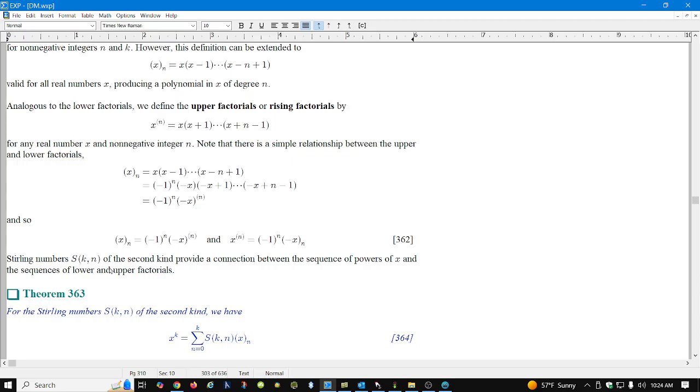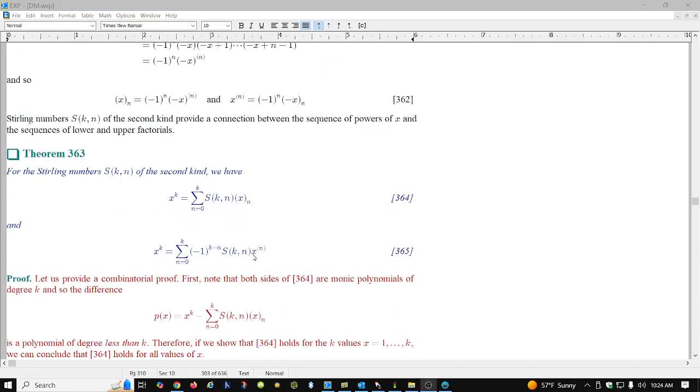The Stirling numbers of the second kind provide a connection between the sequence of powers of x, x to the nth power, and these two sequences of upper and lower factorials. And here's what that looks like. x to the k is the sum, n goes from 0 to k, of Stirling number S(k,n) times lower factorial, x lower factorial n.